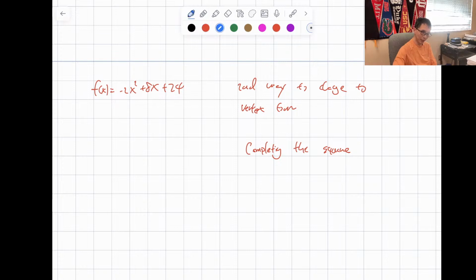First step, I'm going to color code this, is parenthesis the first two terms.